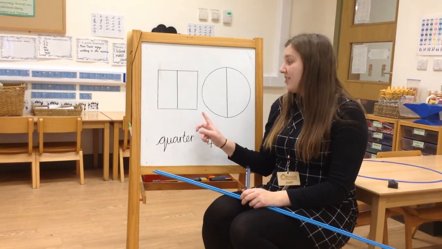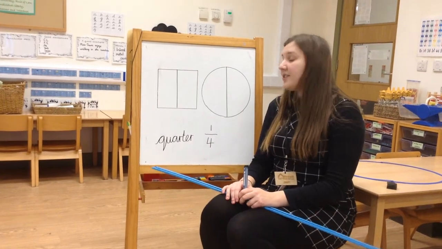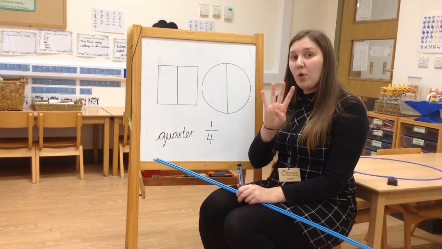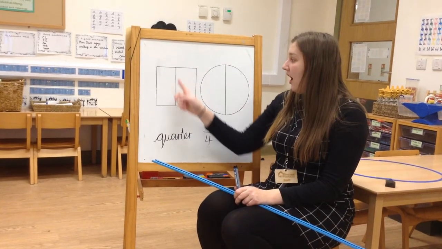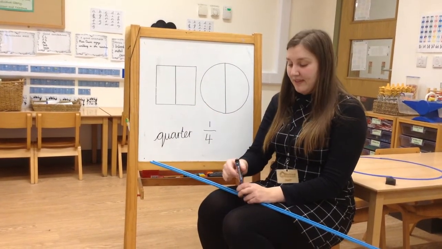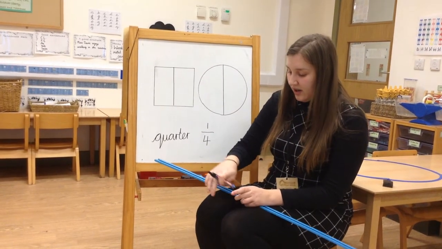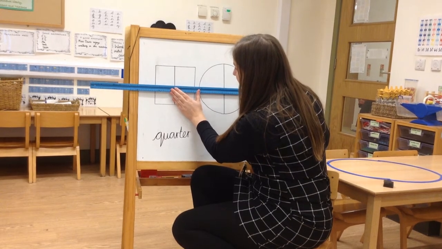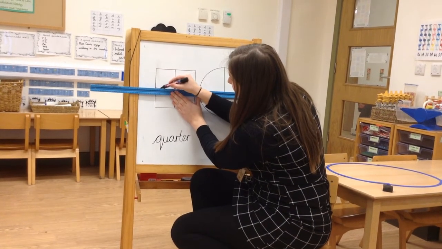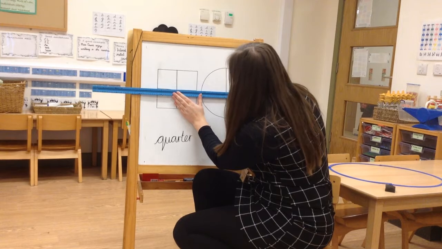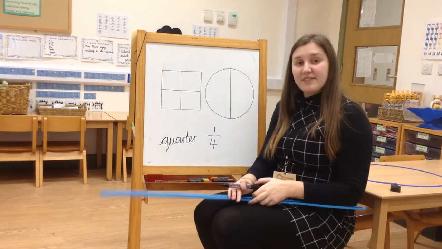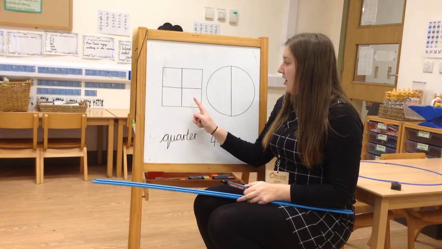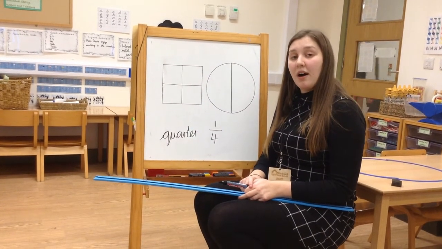Now let's look at our shapes on the board again to find our quarters. Remember, a quarter is 4 equal parts, half and half again. Let's draw a line across the middle so you can see it's split into 4 equal parts. I have split the square into 1, 2, 3, 4 equal parts.